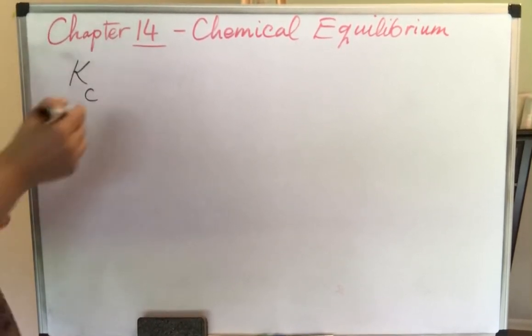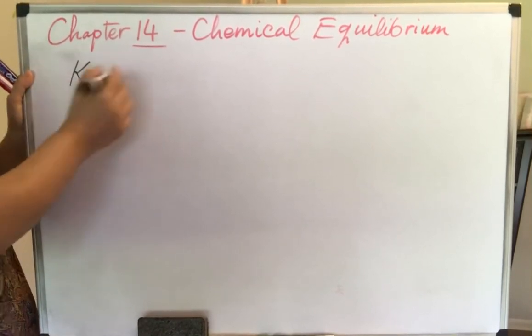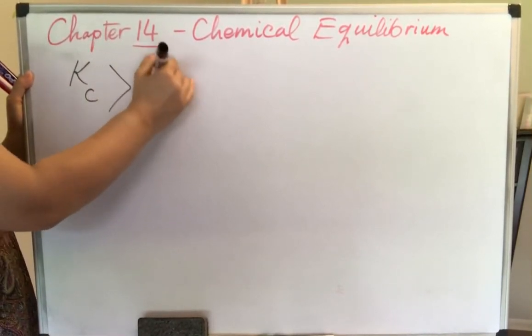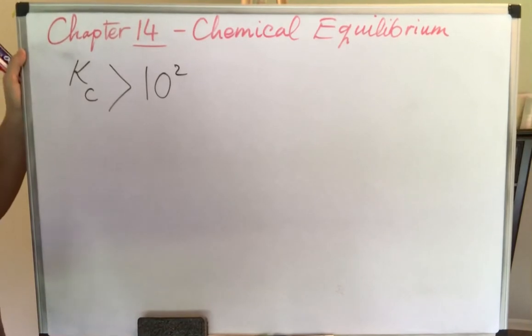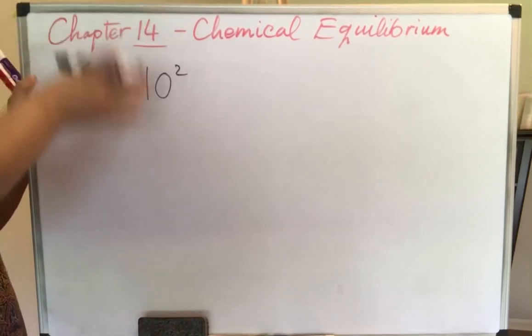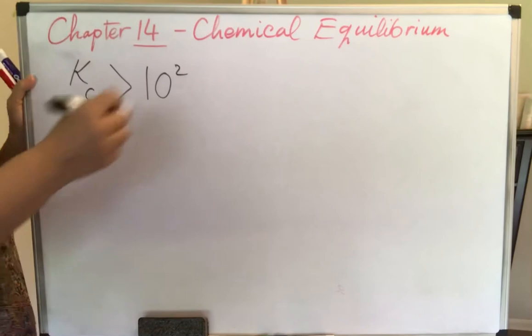When the value of Kc is more than 100, it means that the reaction is going well towards the product.